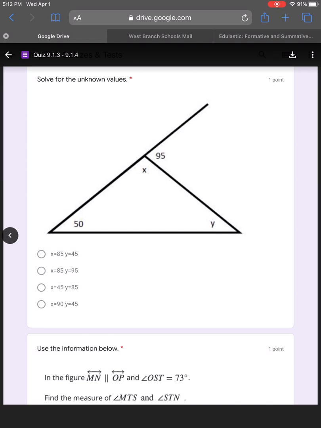How can I figure that out based on the information that is given? Once you find x, you will have 2 of the 3 interior angles for the triangle. And remember there's a certain number of degrees inside of a triangle. Use that information to figure out what y would equal.